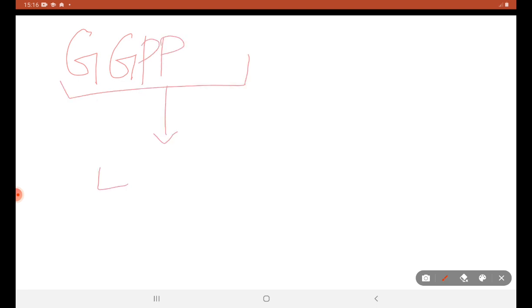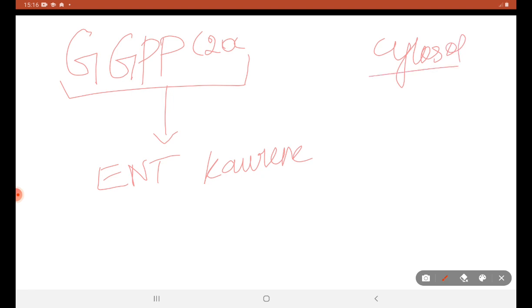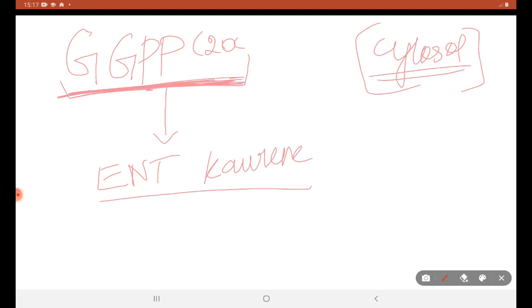Geranylgeranyl pyrophosphate, the 20-carbon compound, is being converted into ent-kaurene. So geranylgeranyl pyrophosphate is the final product of plastid.